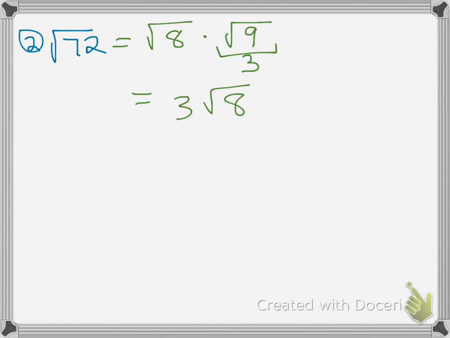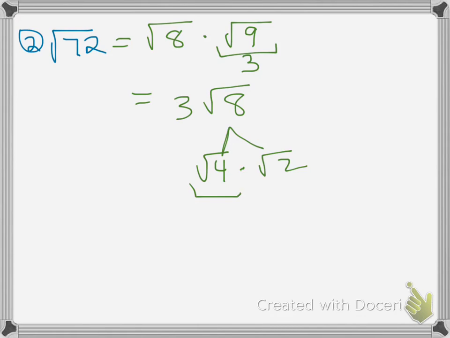Let's look at radical 72 as an example. Radical 72 can be split into radical 8 times radical 9, and we know square root of 9 is 3. So our final answer is 3 radical 8. Even though, when we break up radical 8, we notice that it's composed of radical 4 times radical 2.